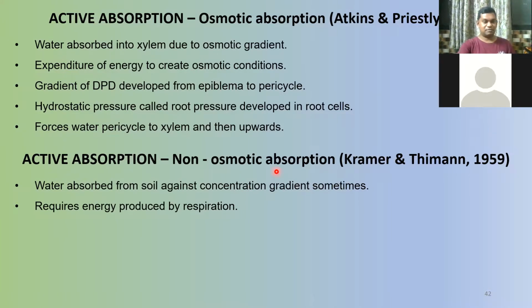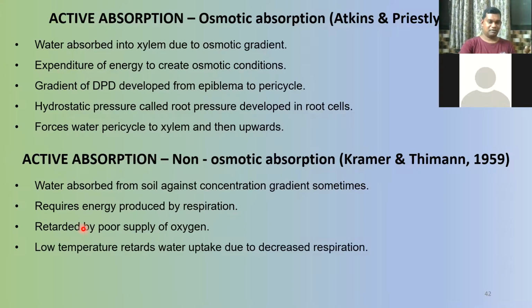So active absorption is affected by respiration. It is retarded if there is less supply of oxygen to the plant. ऑक्सीजन रहेगा तो रेस्पिरेशन बराबर होगा, energy expenditure से ही active absorption होगा. If the supply of oxygen is less, respiration is affected, less ATP is produced, and there is retardation of absorption.